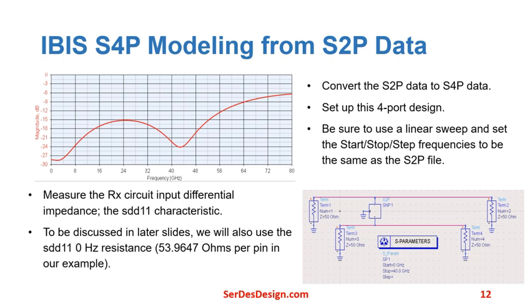To convert the S2P data into S4P data that is usable as an IBIS model, set up an S parameter schematic with this S2P file as shown in this schematic below. The differential input impedance characteristics will be the same as the original S2P data when the output S4P is loaded with an infinite load resistance. Be sure to use a linear frequency sweep with the same start, stop, and step frequencies as the S2P data.